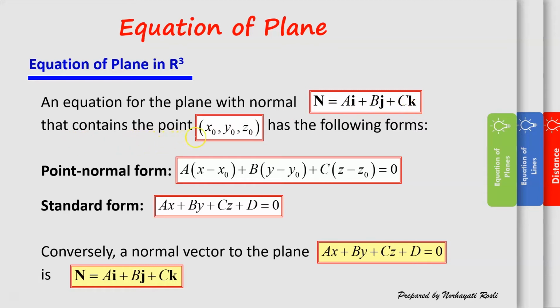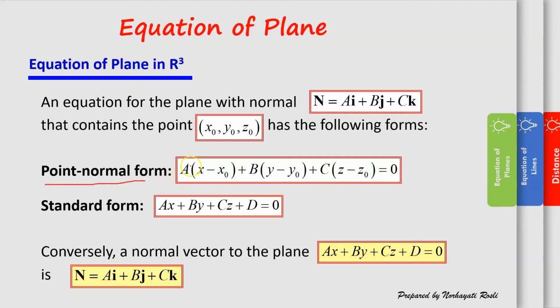That contains the point x0, y0, z0, and if we have this vector and this point, we can write our equation of plane in two forms. The first form is the point normal form, which is given by a(x minus x0) plus b(y minus y0) plus c(z minus z0) equal to 0.